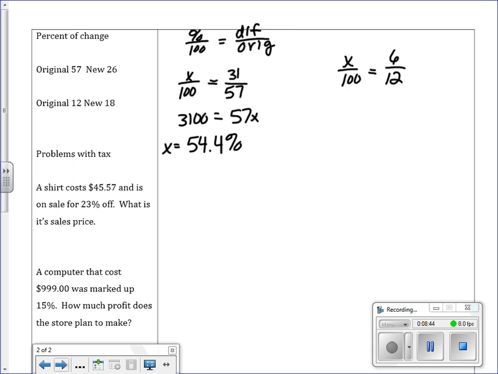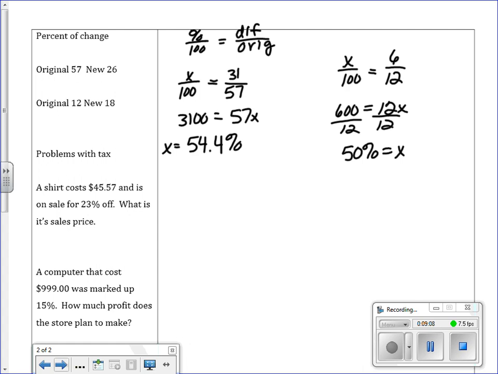Some of us might be able to look at this and already know what's going on. Honestly, I did, but I'll finish it. 600 equals 12x. Divide both sides by 12. And I end up with 50% equals x.